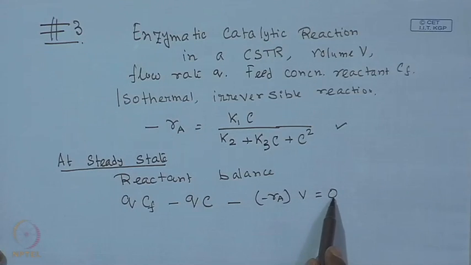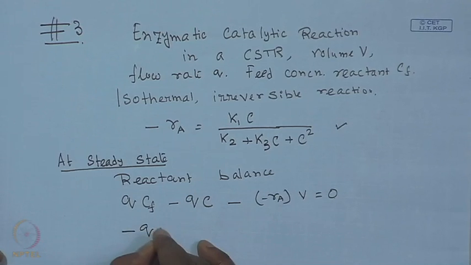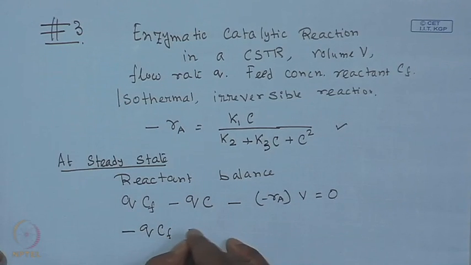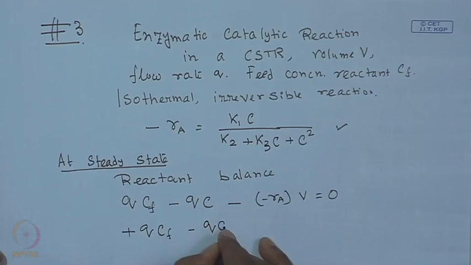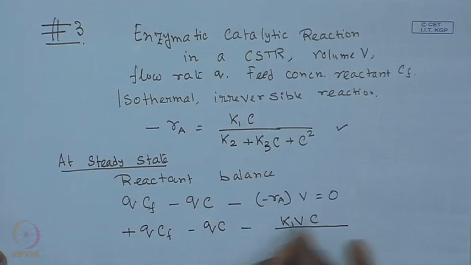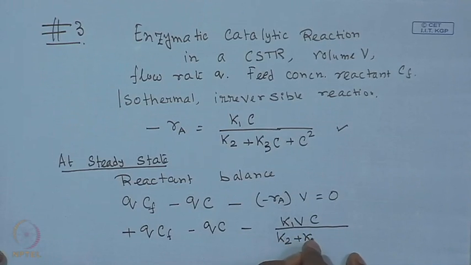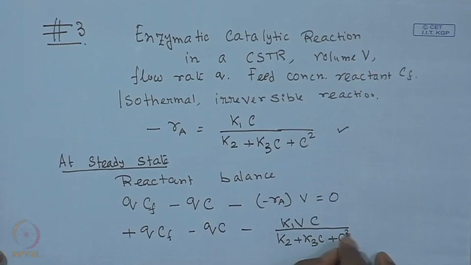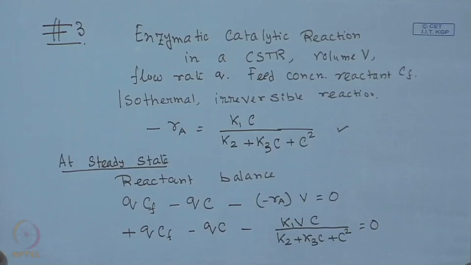At the steady state, rate of accumulation is 0. This is the net mass that is coming into the system, net mass per unit time going out of the system, and the amount of reactant that is consumed in the reactor volume per unit time. So, we write down the expression of RA there. So, it becomes QCF minus QC minus K1 V times C divided by K2 plus K3C plus C square must be equal to 0.